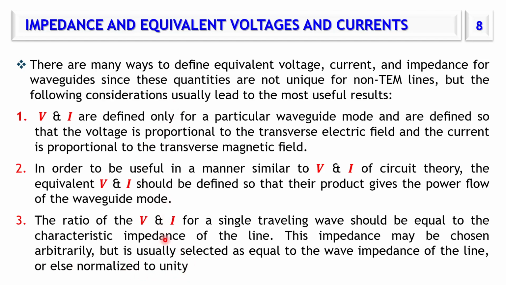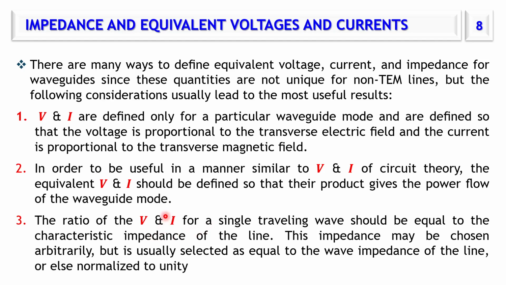So we have rules that voltage and current are defined for a single mode. They are proportional to the transverse field. Their product should give the power flow of the mode. Their ratio is the impedance, and we have one degree of freedom here.